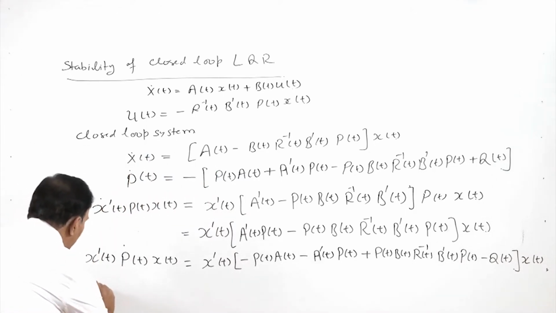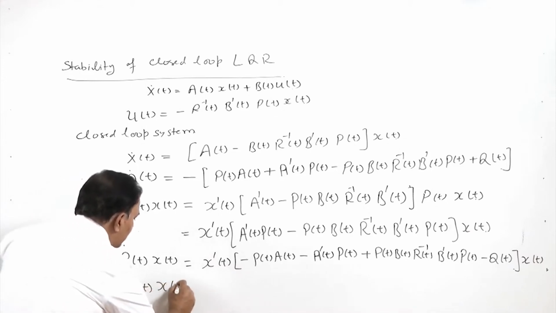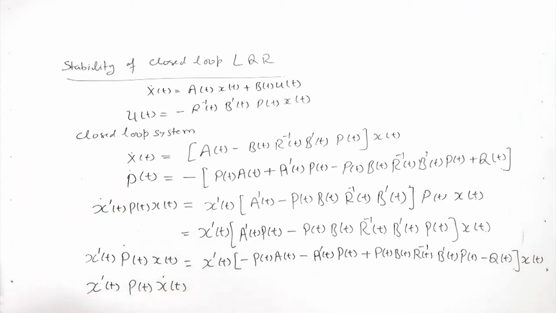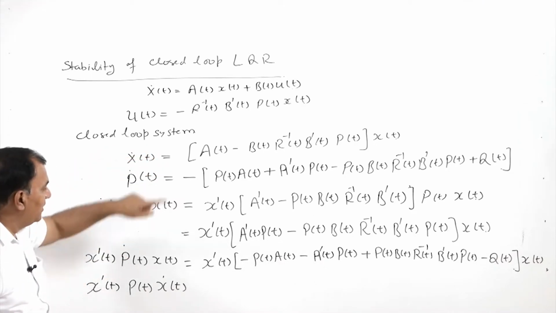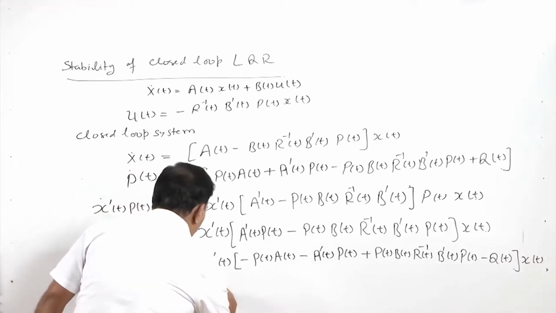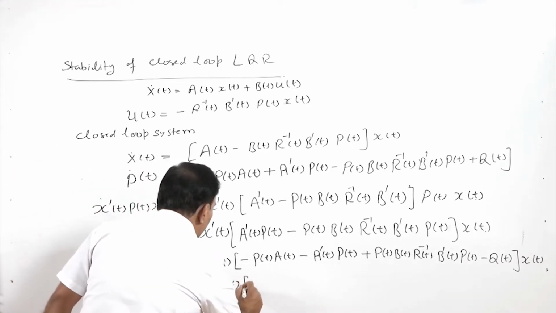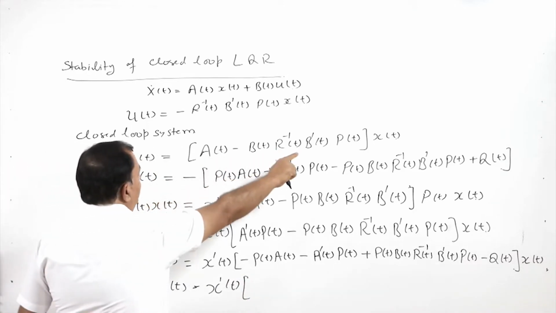Last term will be x transpose t Pt x dot of t. X dot of t I will take this and multiply with this p. So, what will this value come to? I write this x transpose as such, p I am multiplying in this equation.